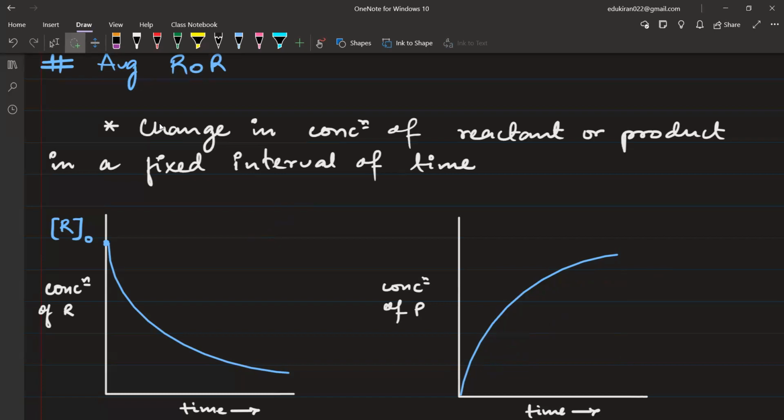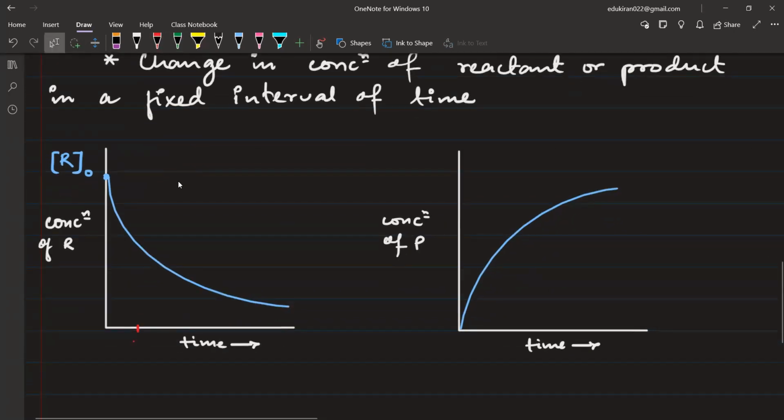Okay. So for example, if I start with the time, let us suppose here, this is time t1. At this point, the concentration will be something here, C1. When I take the next time, let us suppose t2, the concentration at this point is going to be somewhere here. This is C2. So this is the difference between C2 and C1. This is the difference between T2 and T1.